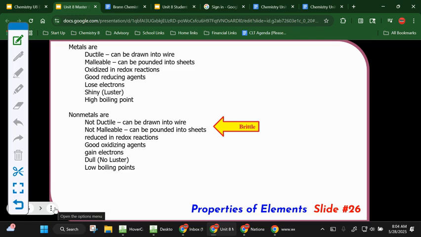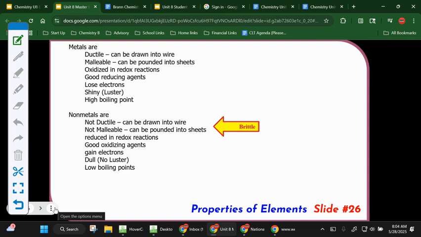Now, as Katie pointed out, the properties of a nonmetal are exactly opposite the properties of a metal. Things that a metal is good at, nonmetals are not good at. Nonmetals cannot be drawn into a wire. They cannot be ductile. They cannot be malleable. Why? Because they will simply break apart instead.